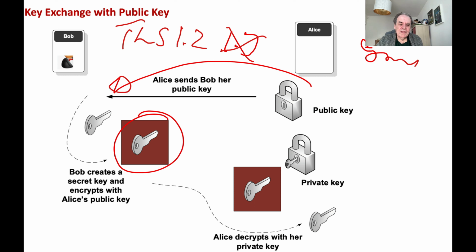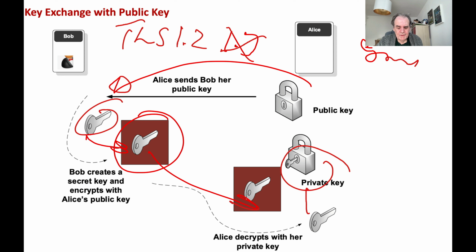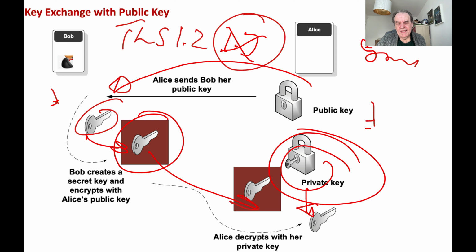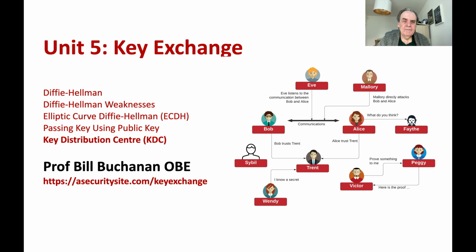Then Bob will encrypt the key that he wants with her public key and send it over, and she uses her private key to reveal the key that Bob wants her to use, and then they'll both have the same shared key. As I said, the problem here is that if Alice's private key gets hacked, then all of the keys that Bob and Alice have used in the past could be revealed.